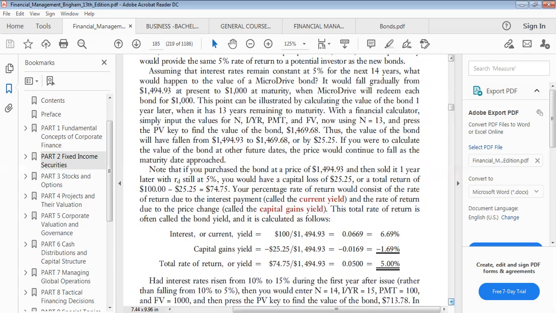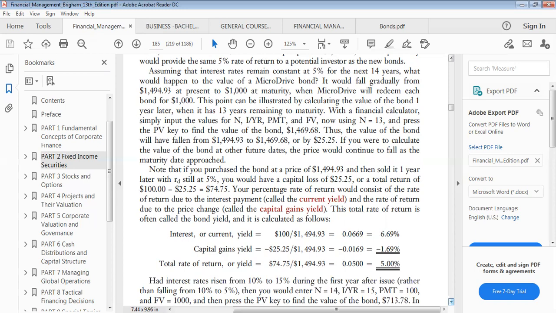Note these terminologies: current yield and capital gains yield. The current yield is the coupon divided by the price at which the bond was purchased, the bond price at the beginning.